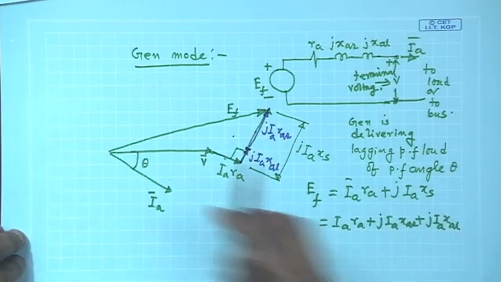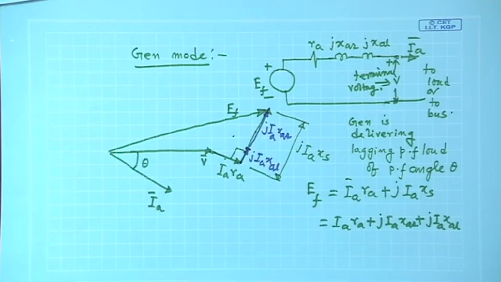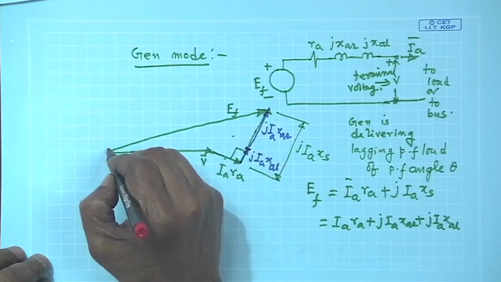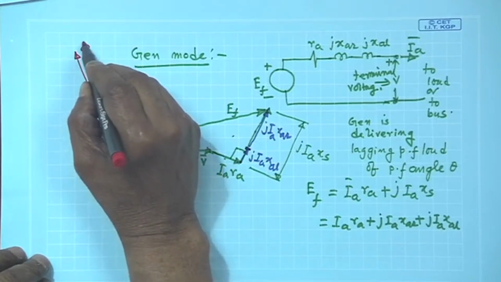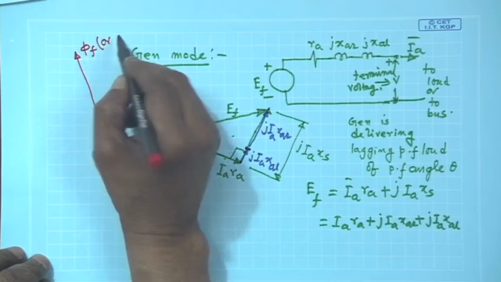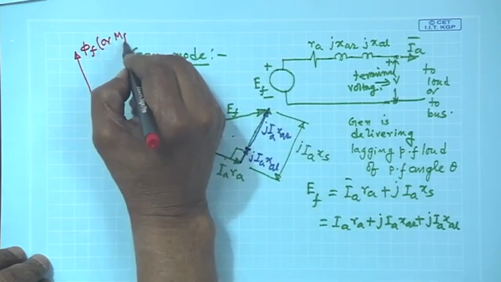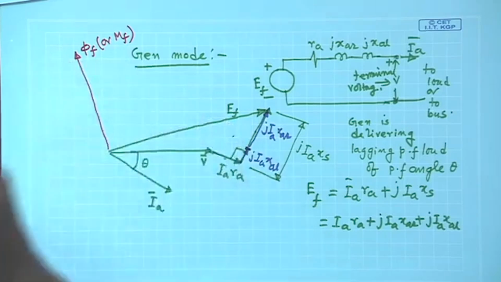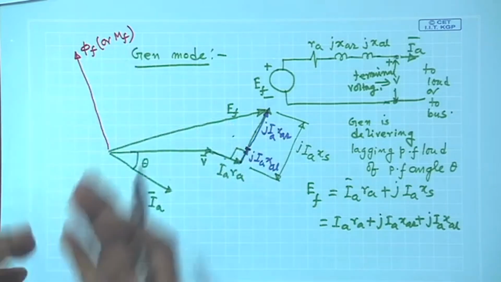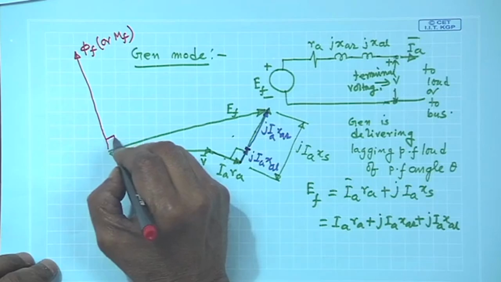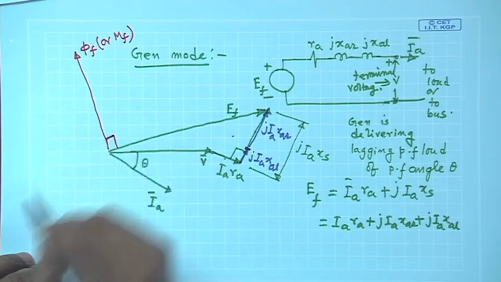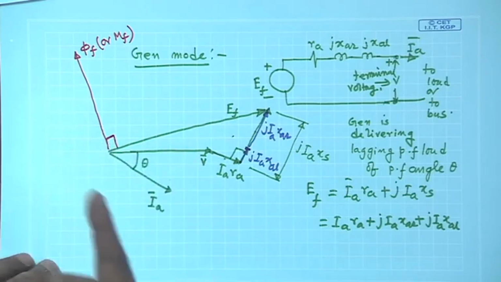Only thing, I will complete this by saying, where are my fields? EF is this one. So, this will be your phi f or MF; armature MMF and phi f will be like this. It is a uniform air gap machine, so this angle will be 90 degrees. Where is your MA?